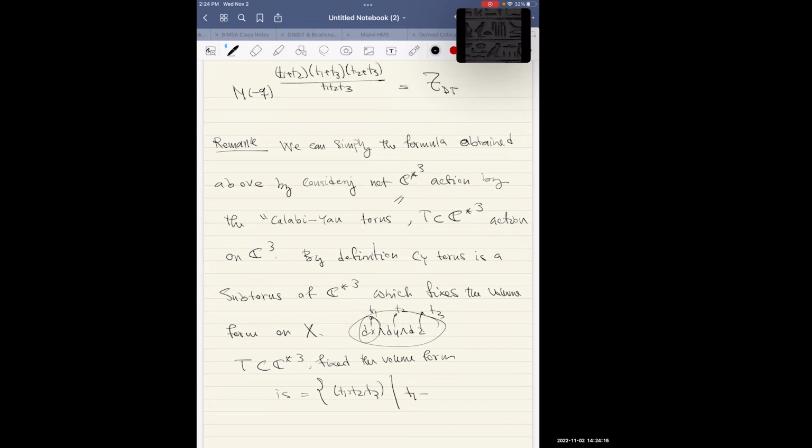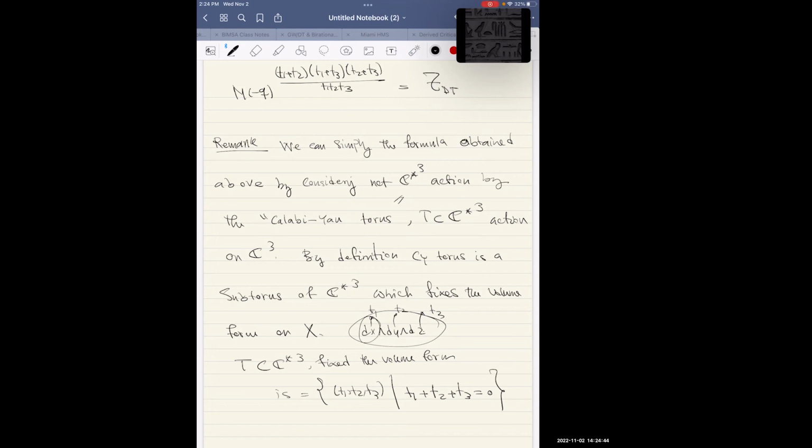That means the character of it, T1 plus T2 plus T3, because X, Y, Z each get multiplied by T1, T2, T3, needs to be equal to 0. There are some sub-combinations of possible T1, T2, T3.